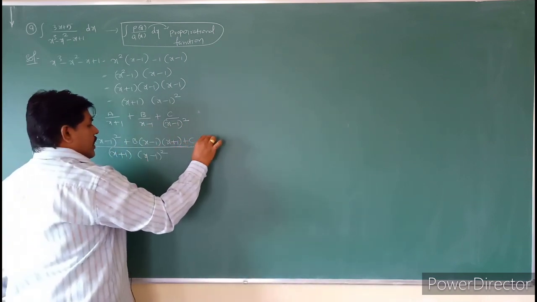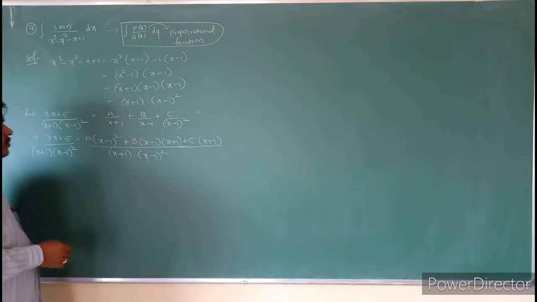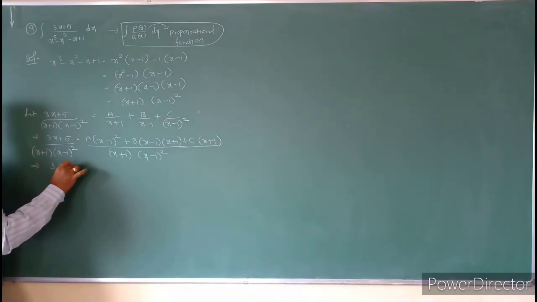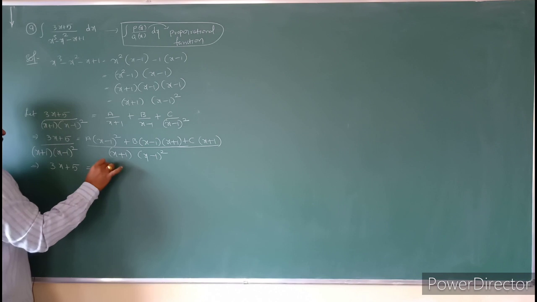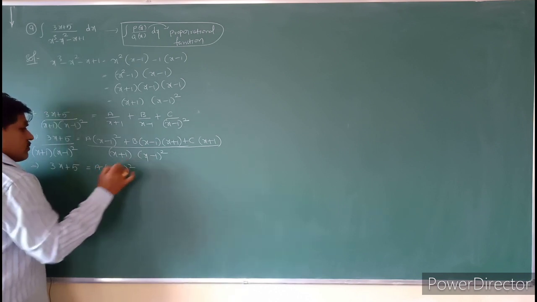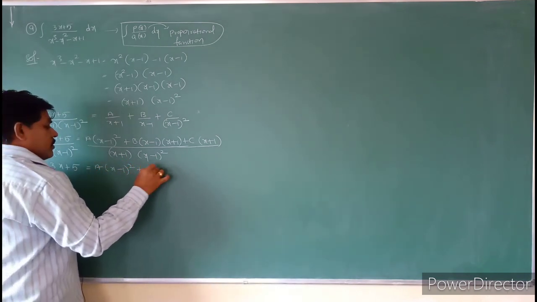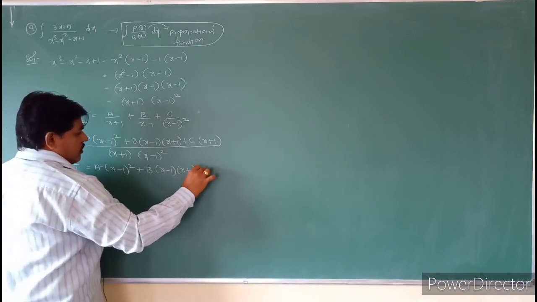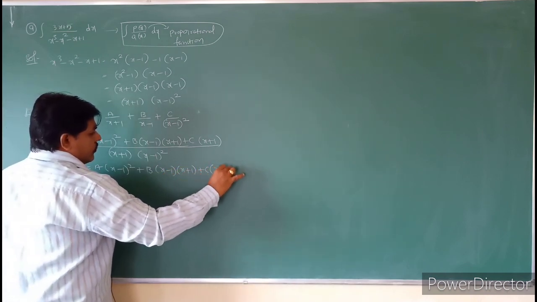So you can cancel the denominators. What we will get: 3x plus 5 is equal to A into x minus 1 whole square plus B into x minus 1 into x plus 1 plus C into x plus 1.